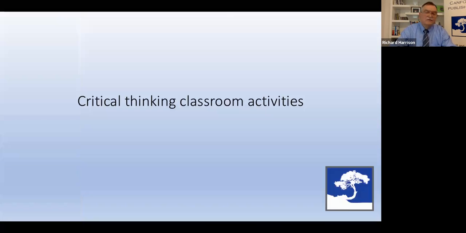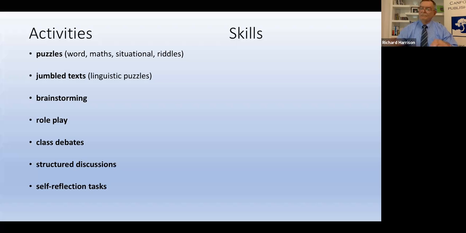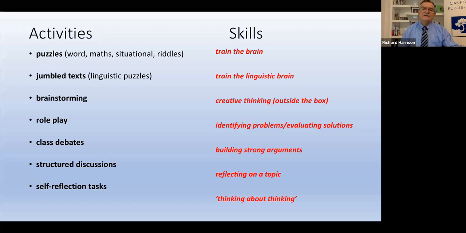Right, let's come on to the third approach I'm recommending, critical thinking classroom activities. And I've got a number of these. I'm sure you're familiar with most of them. But what I've done here, on the right, I put the critical thinking skills that these activities are practicing.